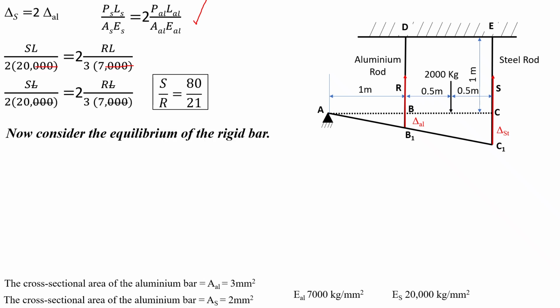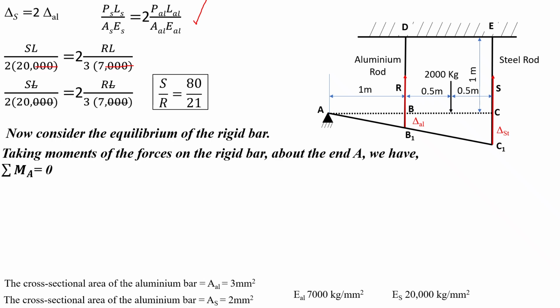Now consider the equilibrium of the rigid bar, taking the moments of the forces on the rigid bar about the end point A. We have the moment at the hinge point A, and for the equilibrium condition the total moment equals 0. One moment comes from the force 2000 kgs, and the other two moments are from R and S, the tension in the aluminium rod as well as the tension in the steel rod.